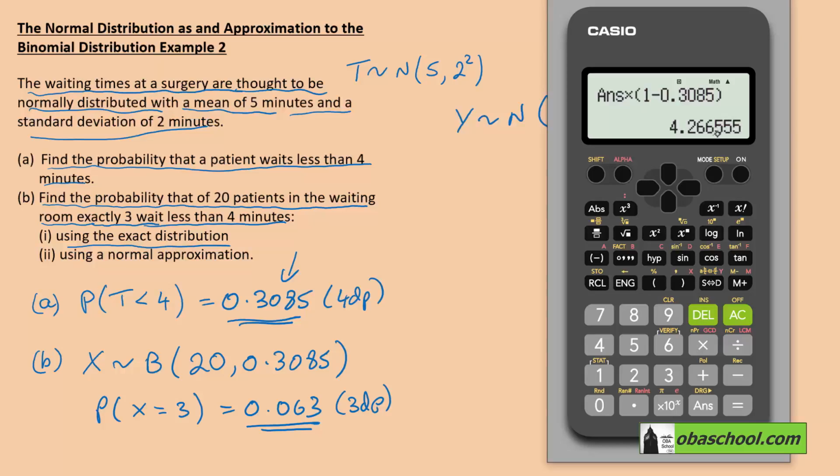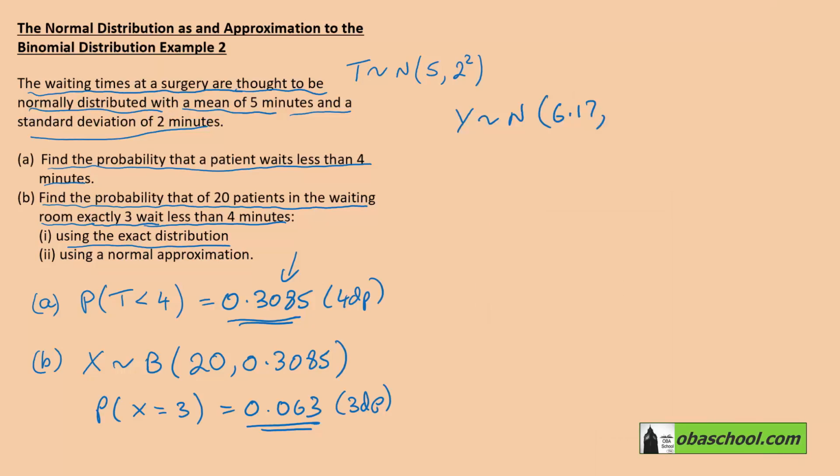So 4.27, let's call that. And then using the continuity correction, we would want y to be from 2.5 to 3.5.